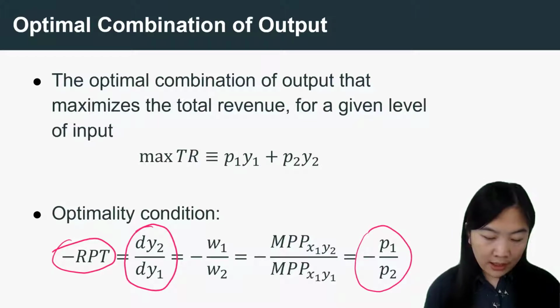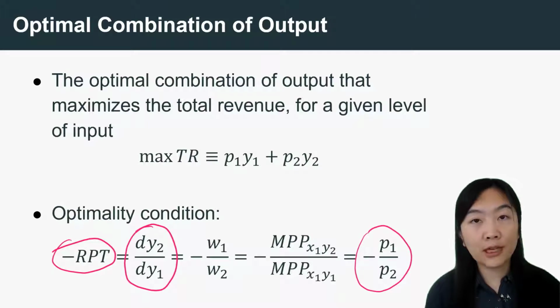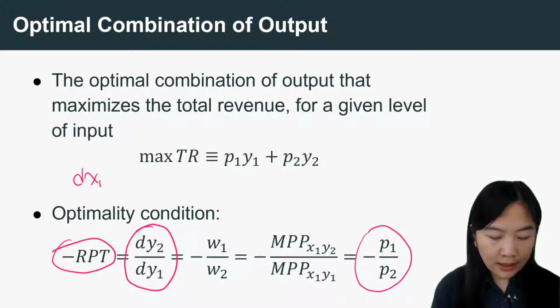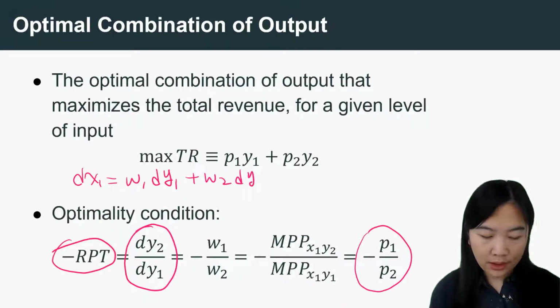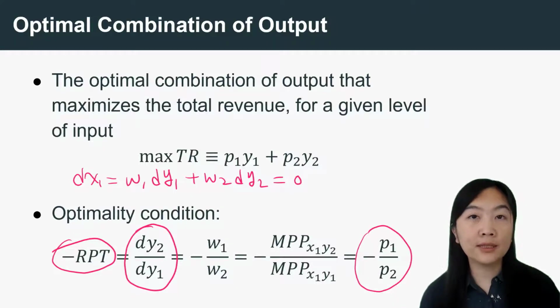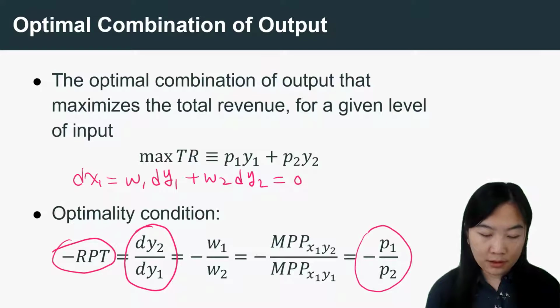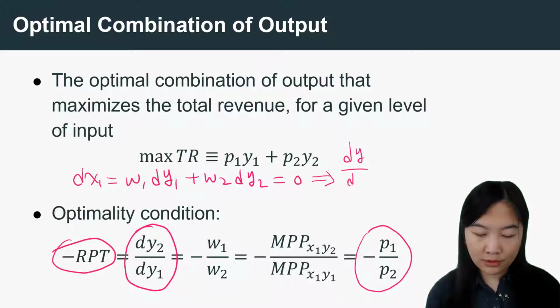So that's one way. And if you remember, we said that along one product transformation curve, the input level doesn't change. So that equals W1 dy1 plus W2 dy2 equals 0. This means that we're moving along one single product transformation curve. Then from here, we can get dy2 over dy1 equal to the negative of W1 over W2.